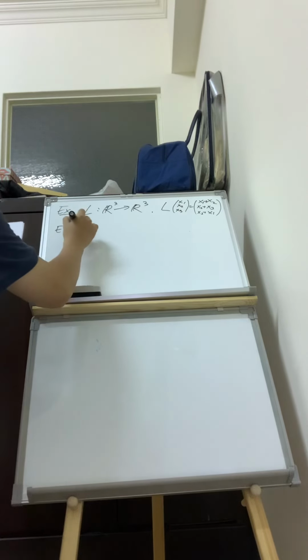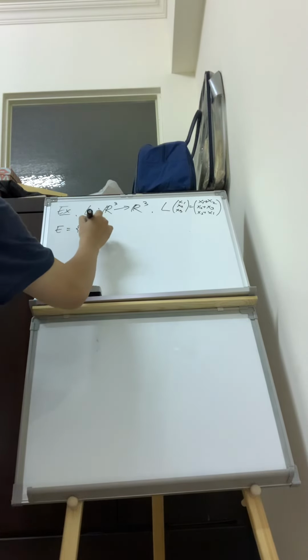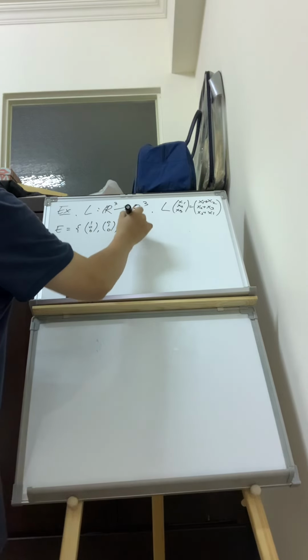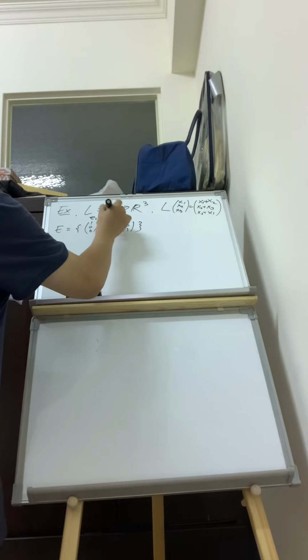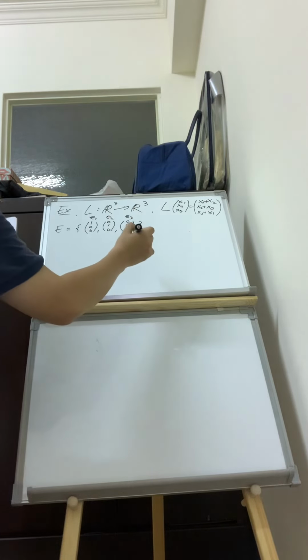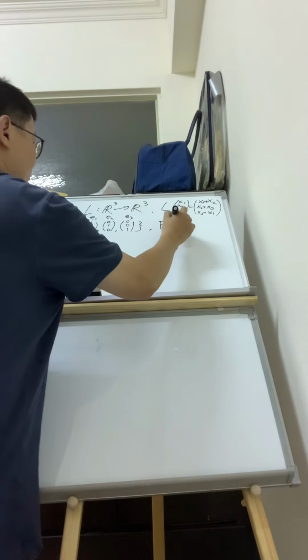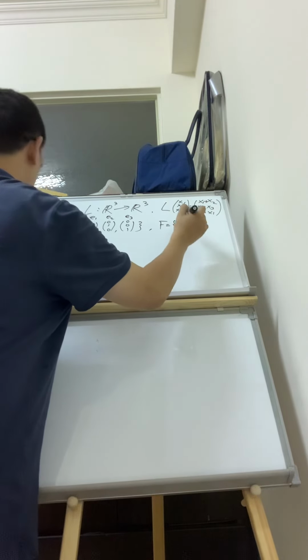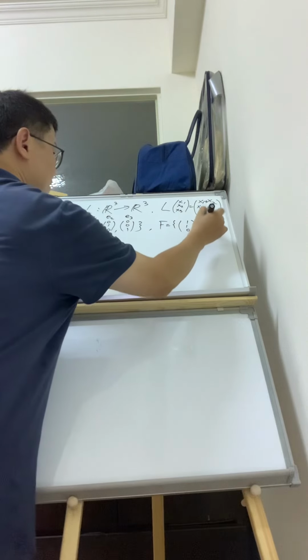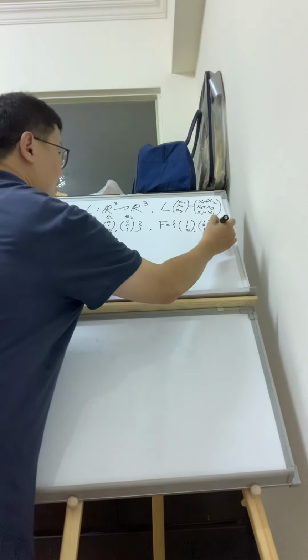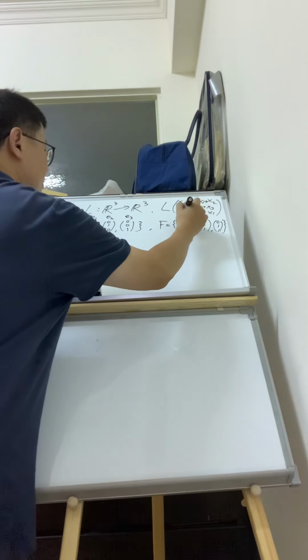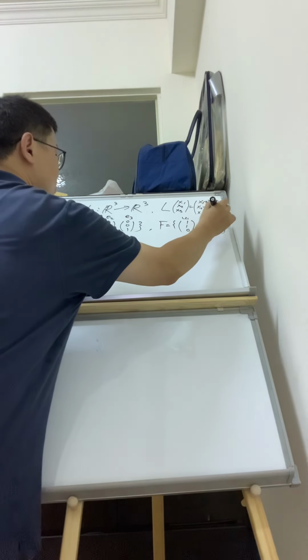First of all, it's the standard basis: 1, 0, 0; 0, 1, 0; 0, 0, 1, and we call it E1, E2, E3. And we have a basis F, denoted by 1, 1, 0; 1, 0, 1; 0, 1, 1, and denoted by U1, U2, U3.